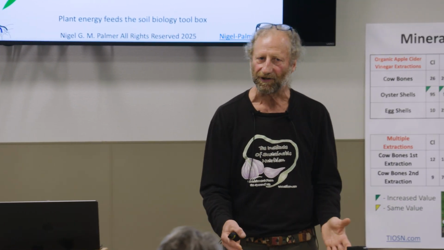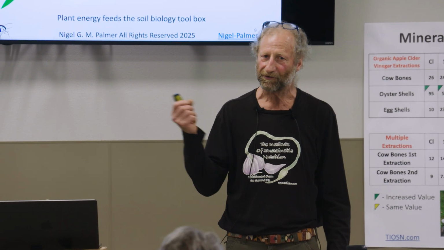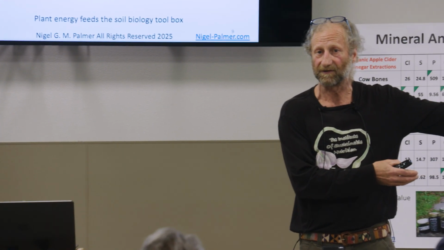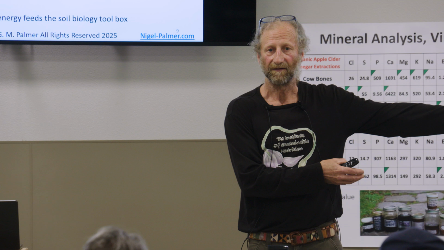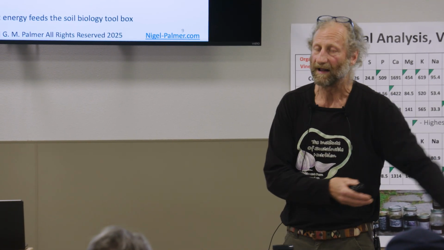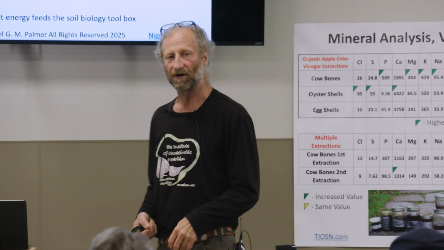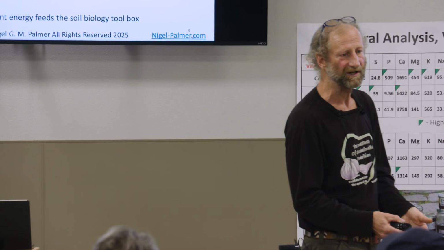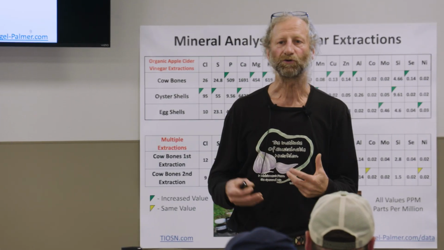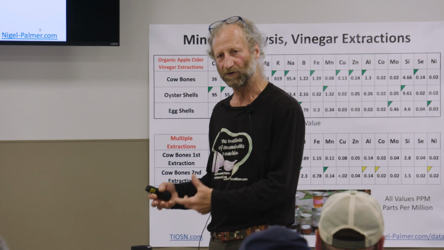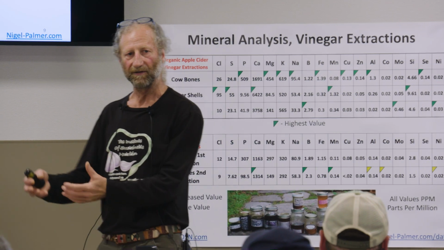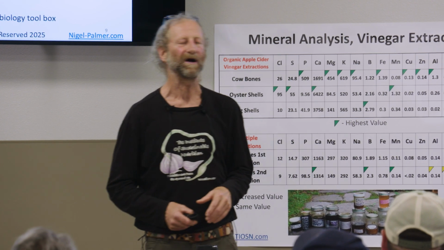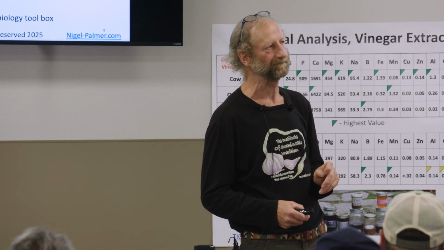Now, in nature, when something takes 20-30% of something and gives it to something else, there's a darn good reason why. And the reason in this case is because the soil biology, the bacteria, fungi, and archaea, are the toolbox that the plant uses to control the environment in the soil. And we're going to learn a little bit more about that when we talk about voltage and acidity.